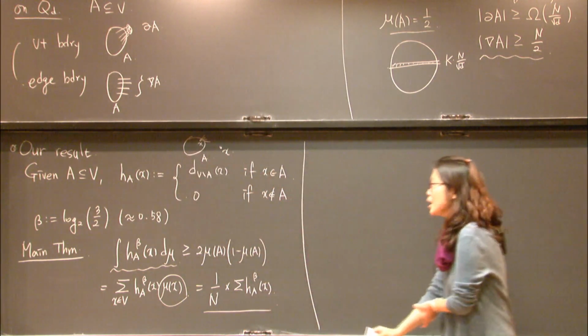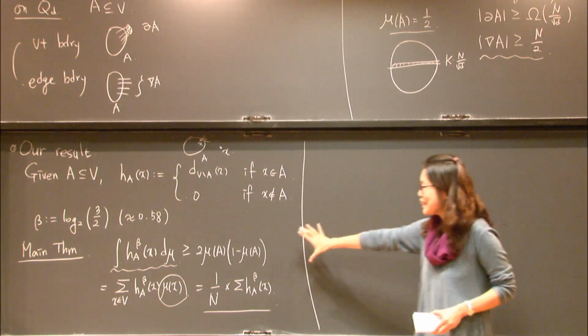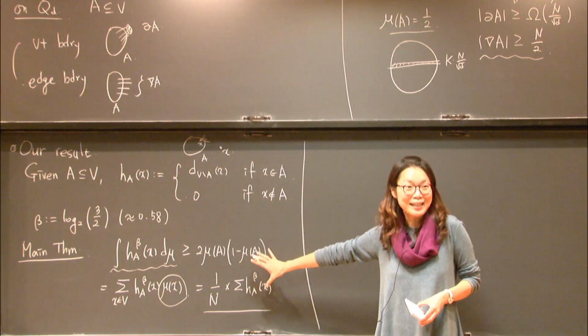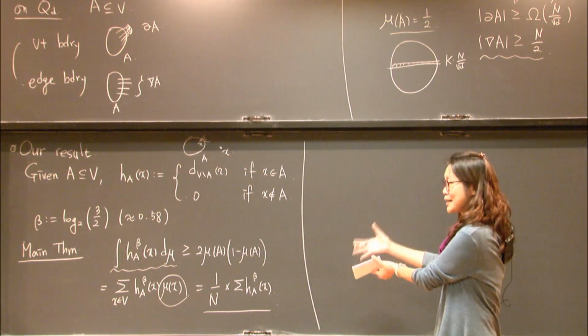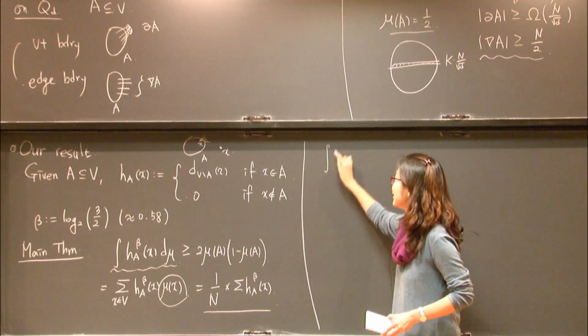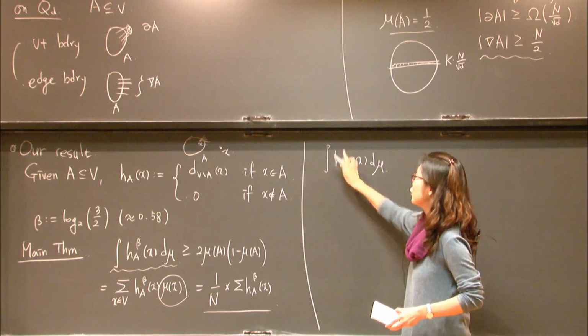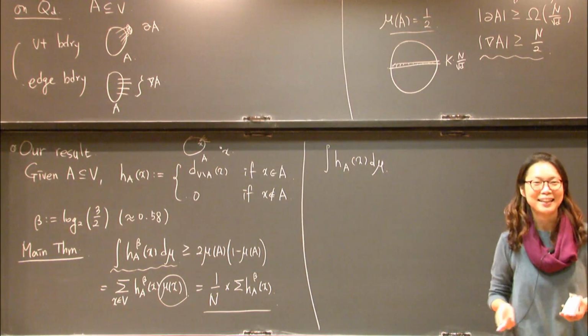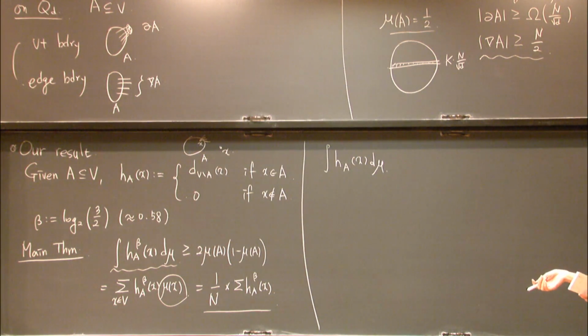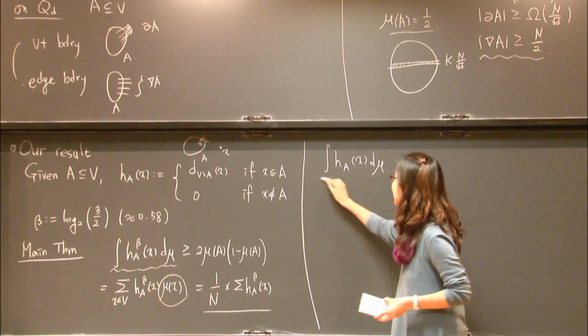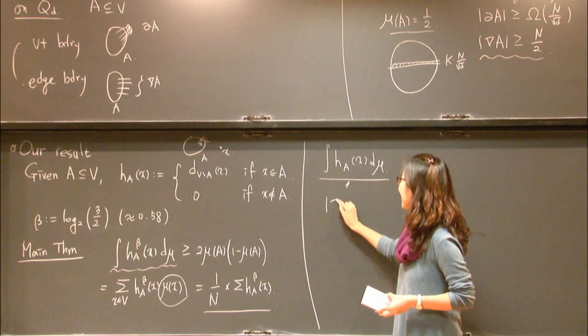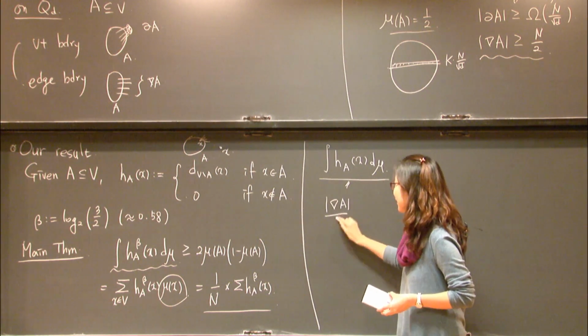Okay? I know that this inequality looks quite strange at first glance. So let me compare this expression to the usual one. When we consider this without beta, what's this? Yeah, exactly. This is simply nabla A divided by n.